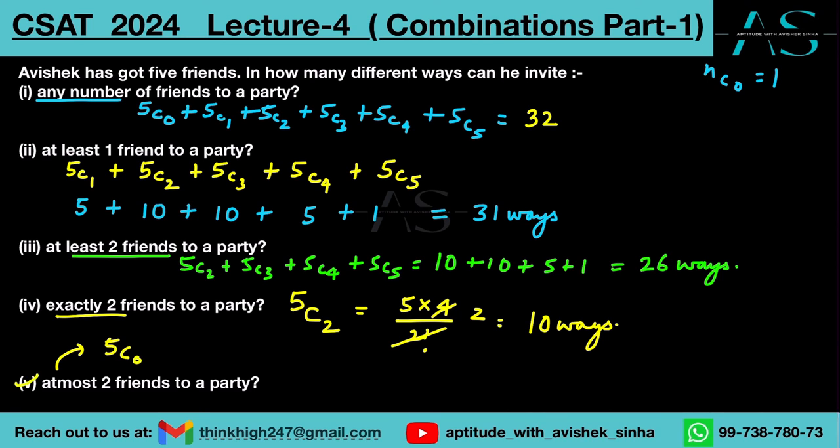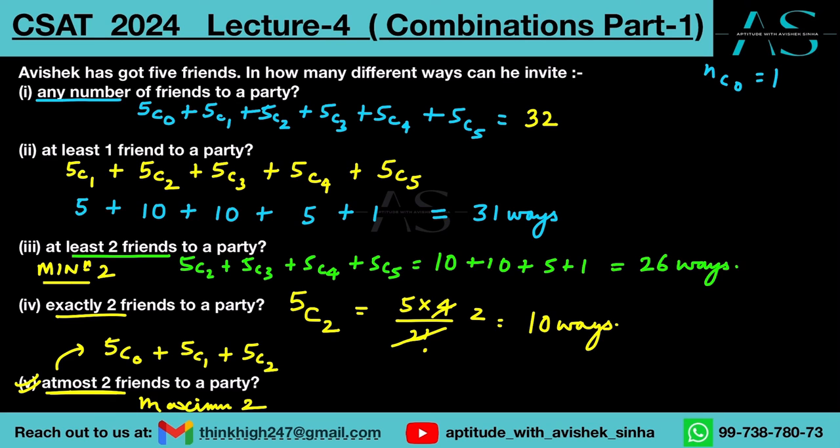So for the fifth question, we can start by not inviting someone, or inviting just one person, or the maximum limit, that is 2. At most 2 means maximum 2. At least 2 means minimum 2. That is the difference.